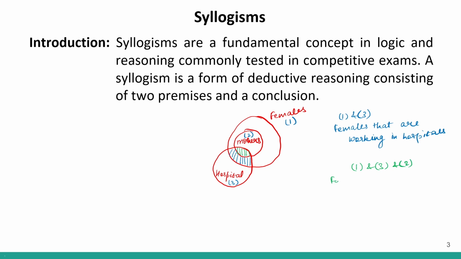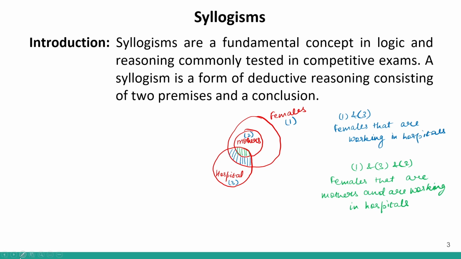This basically means females that are mothers and are working in a hospital. So this is how you use a Venn diagram to denote different relationships. Based on a Venn diagram, you can represent certain relationships. It is used to represent data.